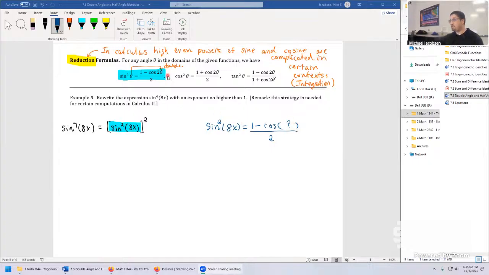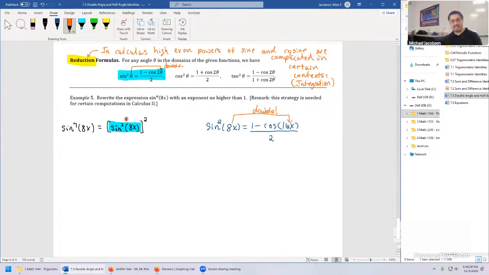And really, that's kind of just the heart of the reduction formulas and the half angle identities as well. So let's drop in 16x. And same idea as before, just double whatever that input is. So this whole 1 minus cosine 16x looks more complicated, but the power is 1, so that's what we would like.